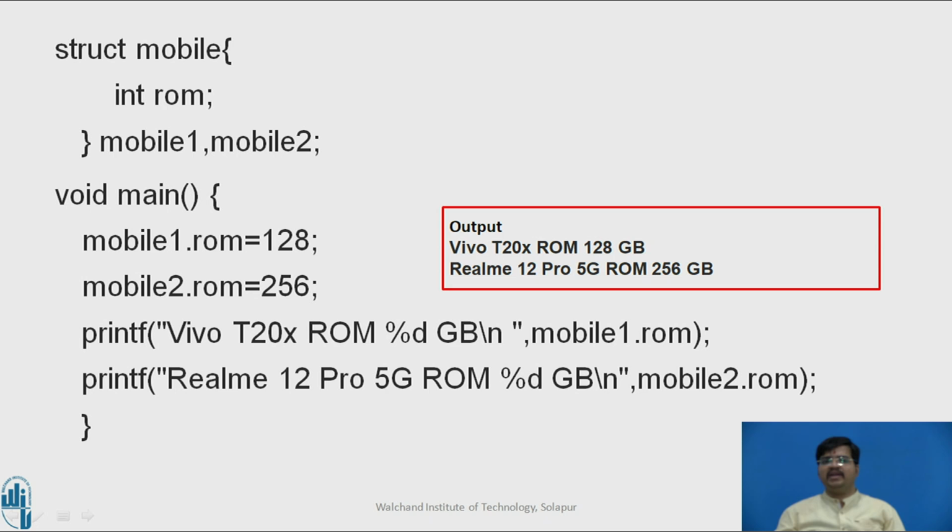It means that whenever I want to assign a value to data present in a structure, the syntax is structure variable dot a particular variable name. The same way will be mobile1.rom, mobile2.rom. The output for this is shown in the window, where we get Vivo T20X ROM 128 GB, Realme 12 Pro 5G ROM 256 GB.